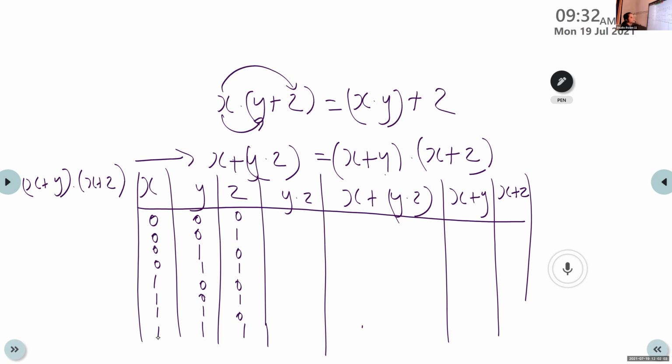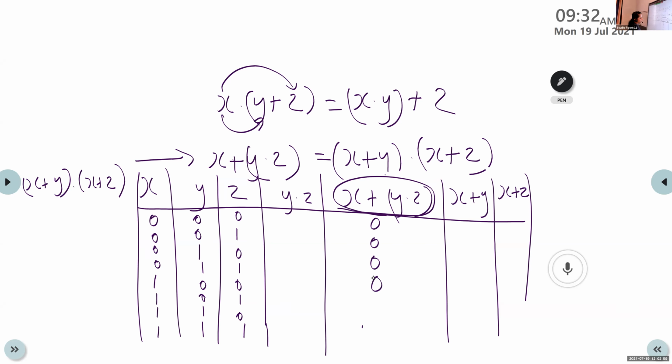G is completed. Yes, ma'am. Okay. What is the result in this x plus y dot z column? 0, 0, 0, 0, 0, 0, 0.